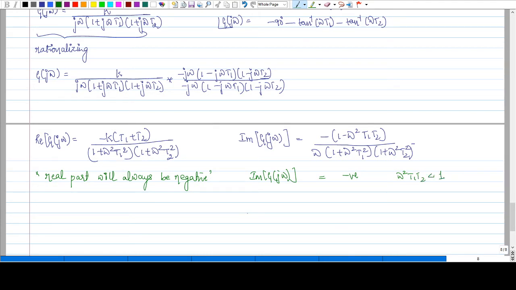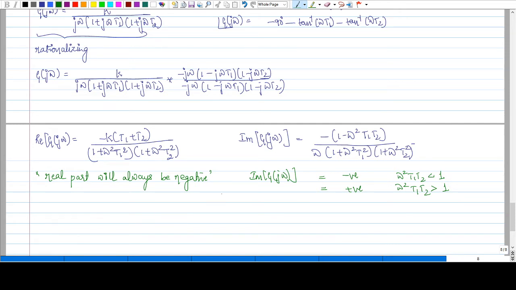It will be positive when omega square T1 T2 is greater than 1. So there are two conditions for the imaginary part. It can be negative when omega square T1 T2 is less than 1, and when omega square T1 T2 is greater than 1, it is positive.